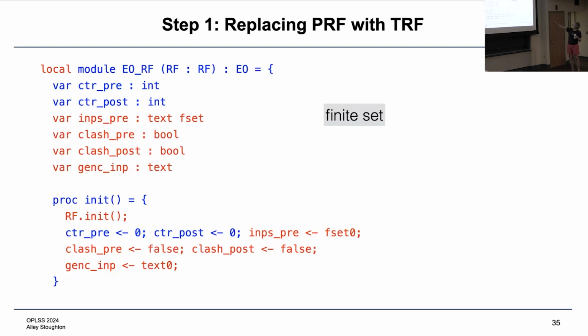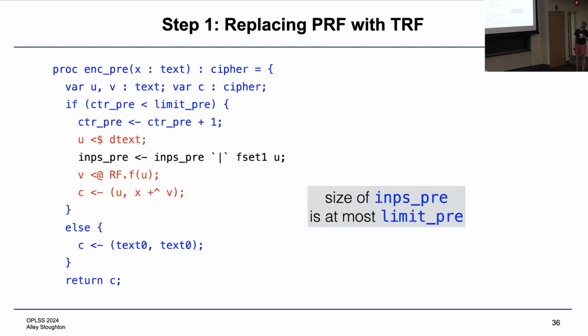So init now doesn't pick a key. It initializes the random function. If it's the PRF, then that's picking a key. There's also a finite set of text values, which is being initialized to be empty. These clashes are being set to false. Ignore that for a second. I'll explain these as I go along.